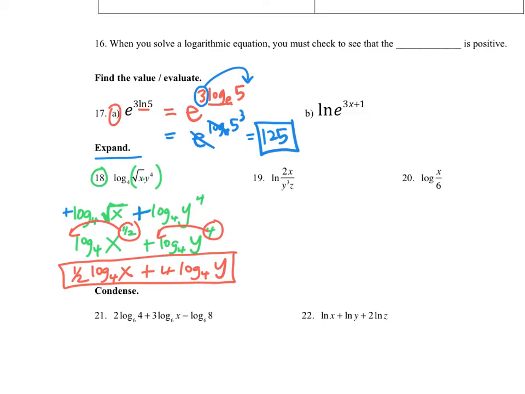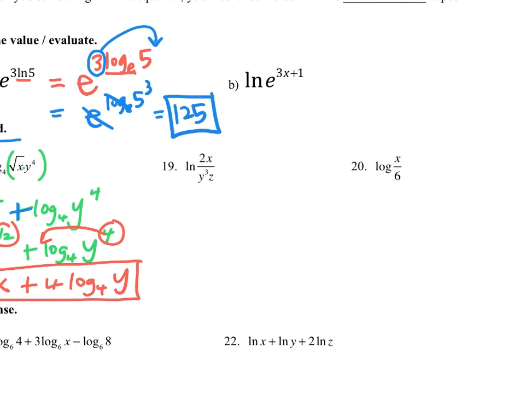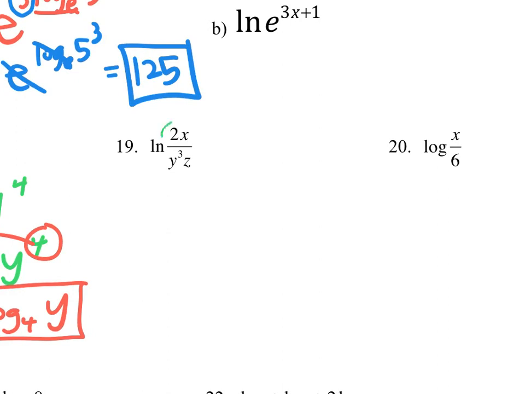So looking at number 19, if I were a student doing this problem, I would do it as follows. Okay, I know I have a 2, an x, a y cubed, and a z. So the 2 and the x are both in the numerator, so they're going to be ln of 2 plus ln of x, right, because they're both positive coefficients.